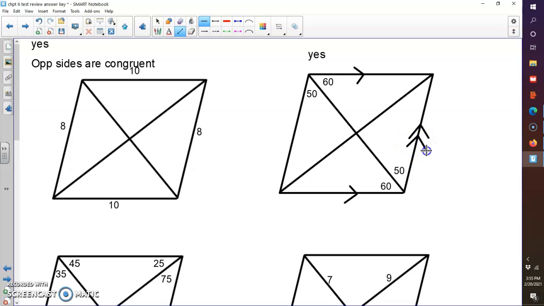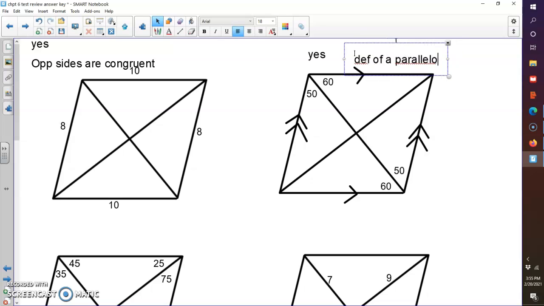So we're not saying it's a parallelogram because of alternate interior angles. Alternate interior angles are congruent. It doesn't automatically mean you have a parallelogram, but it does mean that you have parallel lines. And since we have two pairs of parallel lines because of the alternate interior angles, we say yes, and that's the definition of a parallelogram.